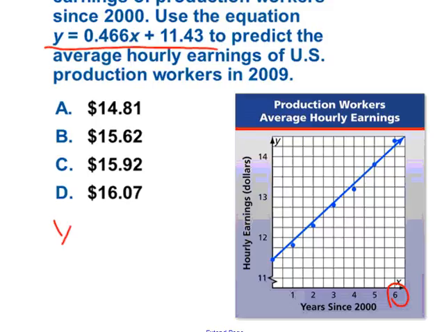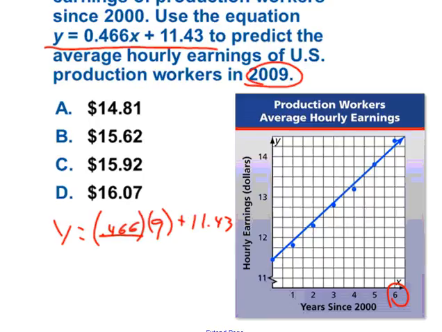So I can say y then is equal to 0.466 times x, which in this case is the number of years since 2000, which would be 9, plus $11.43.